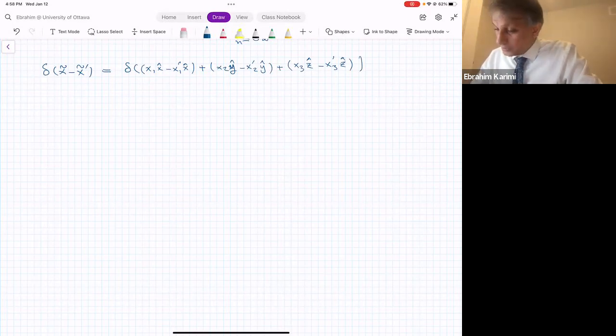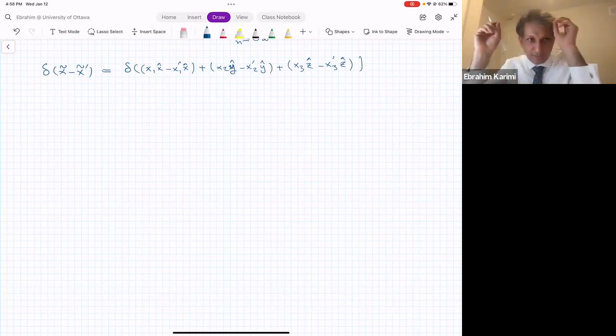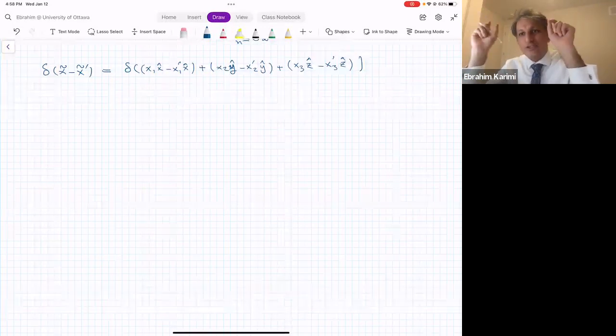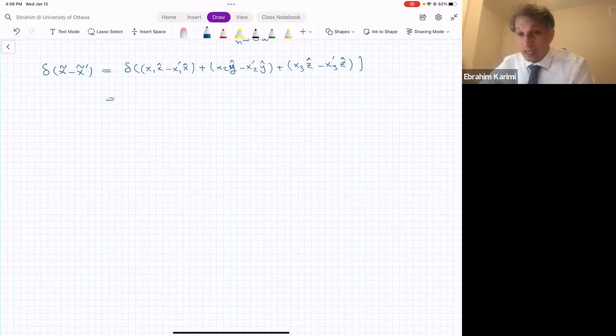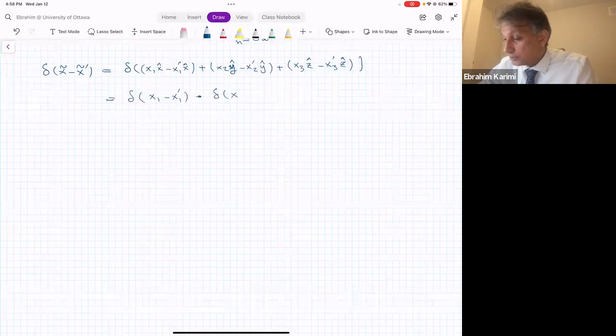Okay, and definitely we know that when you look at two vectors, they are identical when each component of them is identical. So since they are two individual vectors, that becomes simply delta of x1 minus x prime 1 times delta of x2 minus x prime 2 times delta of x3 minus x prime 3.